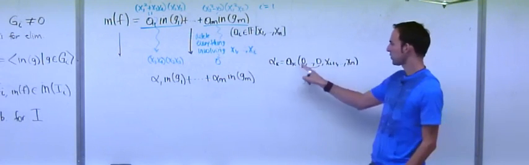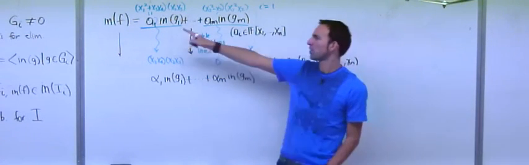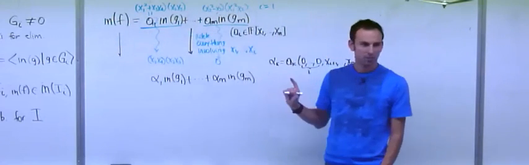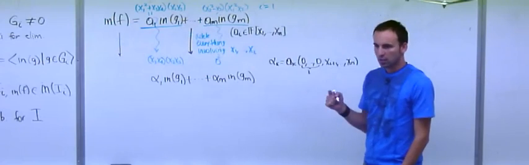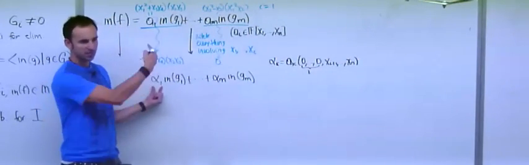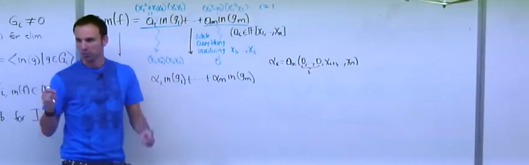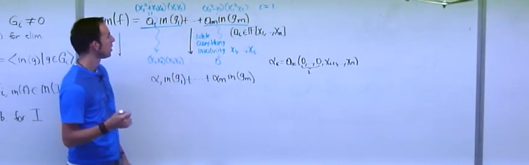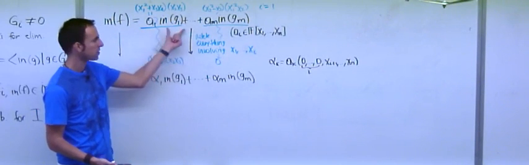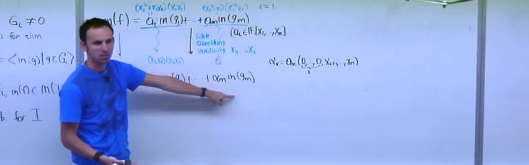So anything involving x1 squared is going to go to 0, and this one is going to go to 0, etc. That means two things: each one of these AIs becomes an alpha I that is a subpolynomial of AI, but also some of these initial terms of GI are going to disappear. For example, this guy disappeared in this case.